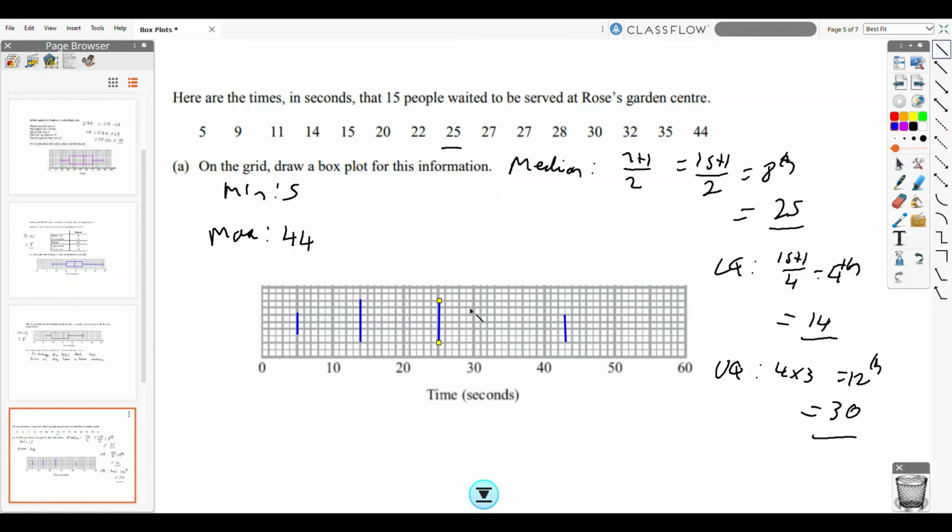And our upper quartile is at 30. And then we just join everything up. Like so.